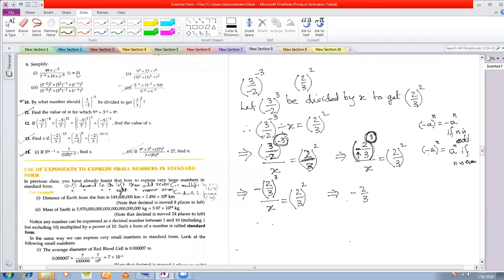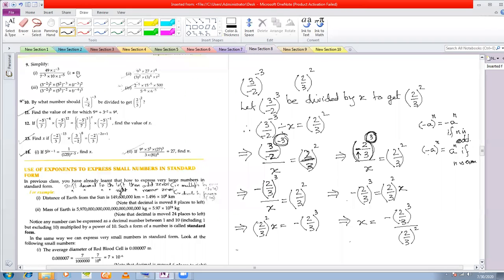Minus (2 by 3) cube is equal to (2 by 3) square into x. Therefore, what is x? (2 by 3) square x is equal to minus (2 by 3) cube. That means x is minus (2 by 3) cube divided by (2 by 3) square.